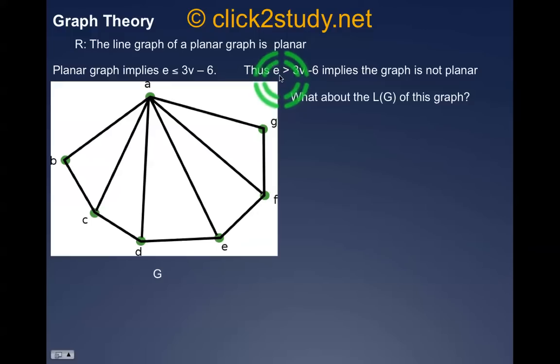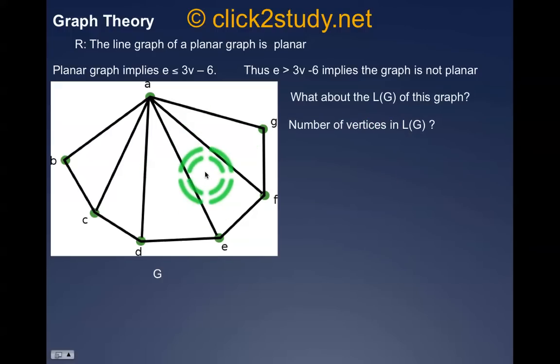These properties relate the number of edges and the number of vertices in a planar graph. Suppose we drew the line graph of this graph, what would be the number of vertices in the line graph? That would be equal to the number of edges in this graph.